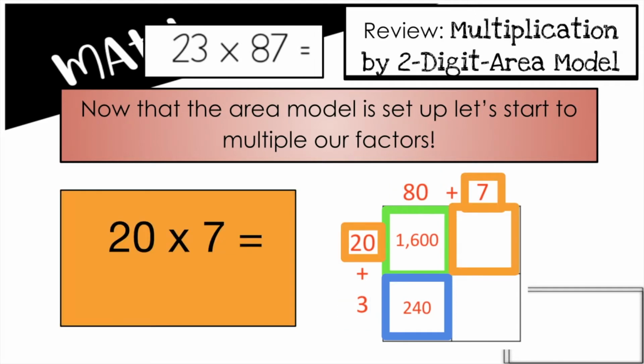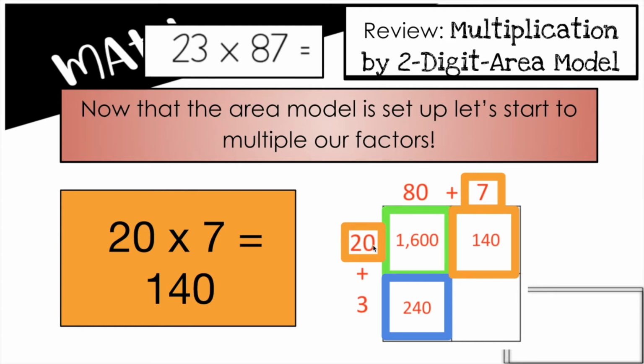20 times 7. Go ahead, try it. You get 140. Again, you would know 2 times 7 is 14, and you could say add the 0, but you're not just going to do that.